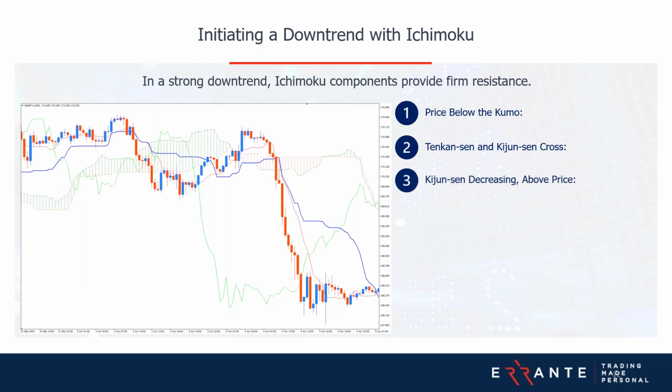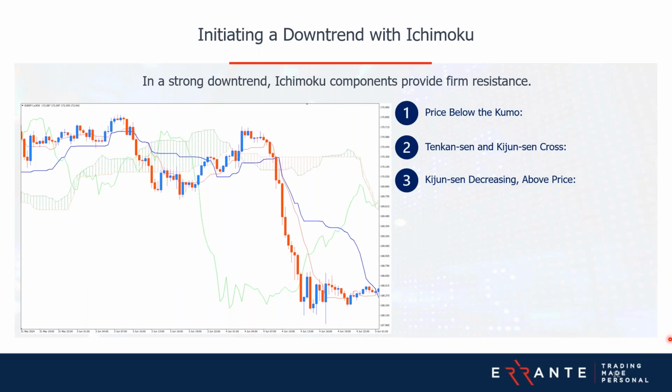And then we have the Kijun-sen decreasing above the price, because now the Kijun-sen is acting like a market resistance. So it's taking place above the price. However, it's decreasing because the price is decreasing, and the 26-period average is decreasing.